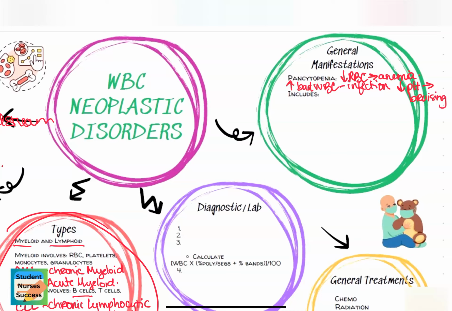The pan means the three things, so it's the three components: the red blood cells or the anemia, the bad white blood cells leading to infection, and the decrease in platelets leading to bruising.